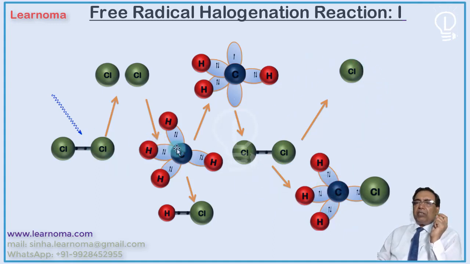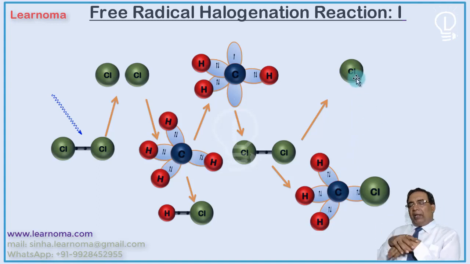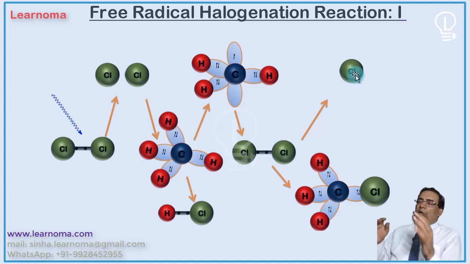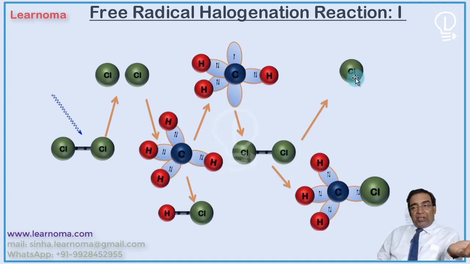This step is endothermic, this step is endothermic, and this step is exothermic. In this case, a high amount of energy is released, and in this way methyl chloride is formed, as well as the chlorine radical. Now see what happened. Usually we go up to this part, formation of methyl chloride, but the chlorine radical which is present in the reaction mixture will further collide with methane if present.